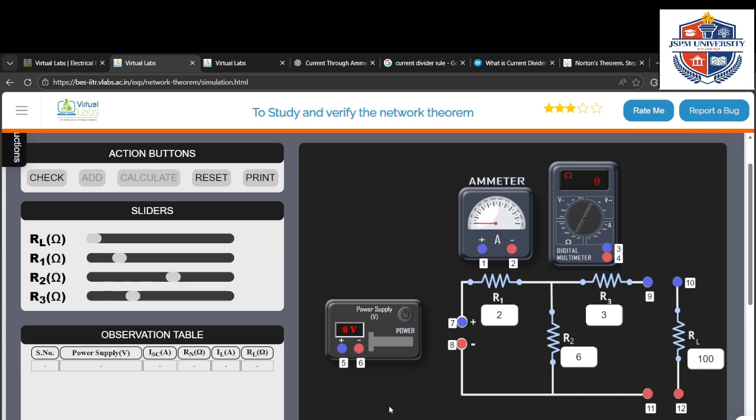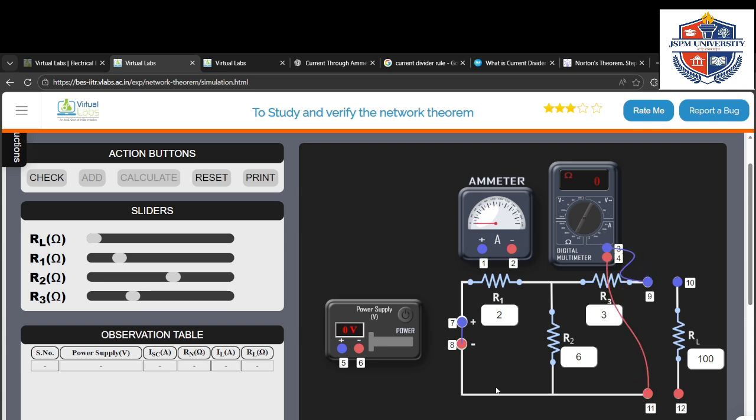We have to calculate Norton's resistance. How will we do it? We will short the voltage sources and open the current sources. Then we will open the load terminal and find the resistance across that terminal.